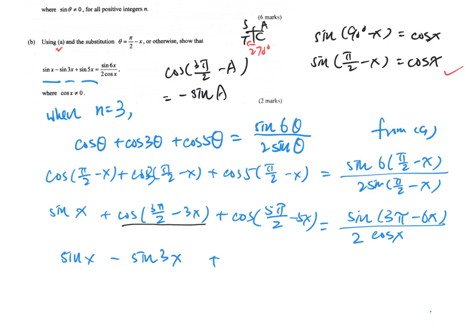And do it similarly. This time 5 pi over 2. You can simplify it, and you get pi over 2 because you can minus 2 pi. So this one is a quadrant 1 identity, because you can change it to pi over 2 minus 5x, minus 2 pi, and then you can simplify. So in quadrant 1, cosine changes to sine 5x.